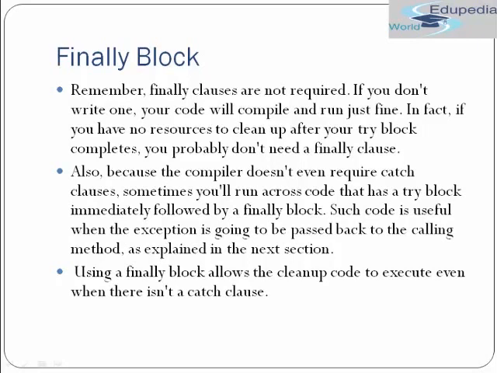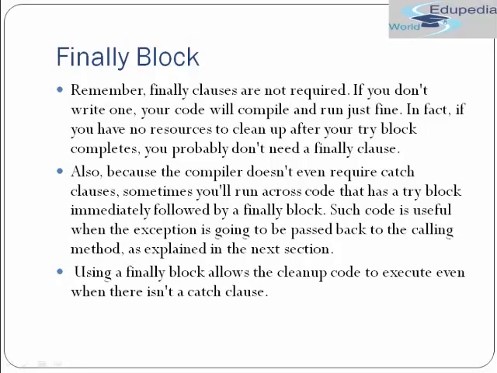In fact, if you have no resources to clean up after your try block completes, you probably do not need a finally clause. Also, because the compiler doesn't even require a catch clause sometimes, you run across code that has a try block immediately followed by the finally block. Sometimes you don't have anything to write in the catch block, then you can write the finally block immediately after the try block by skipping the catch block.